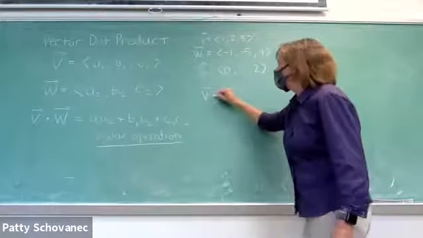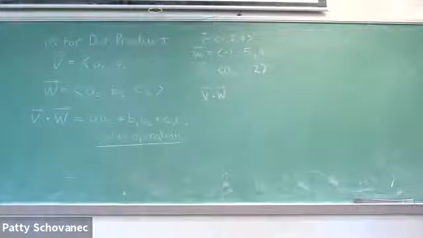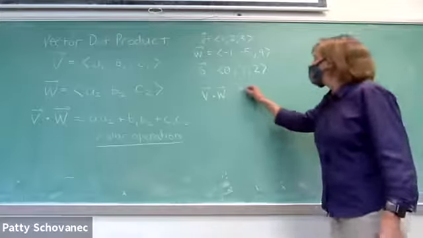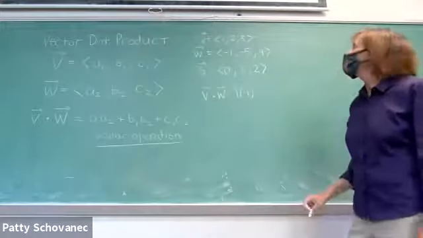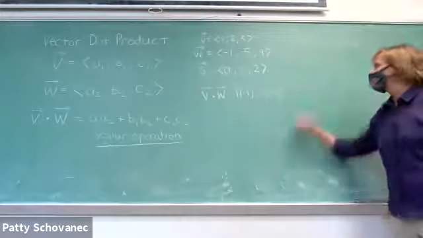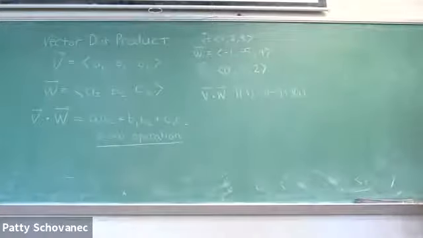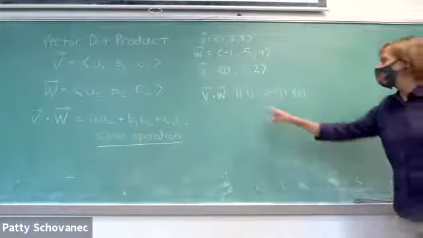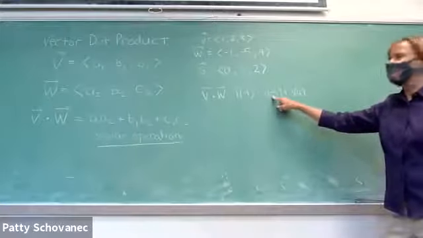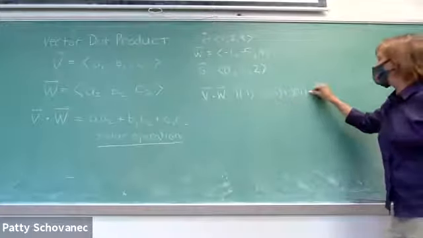Then V dotted with W is the scalar 1 times -1 plus 2 times -5 plus 3 times 4. So I get -1 minus 10 is -11. -11 plus 12 is +1.